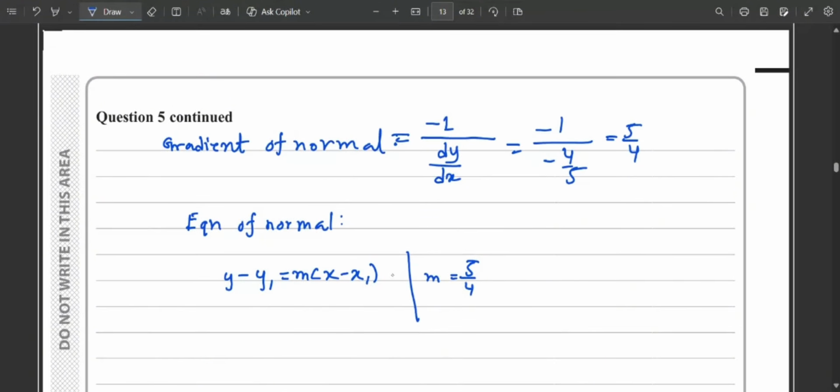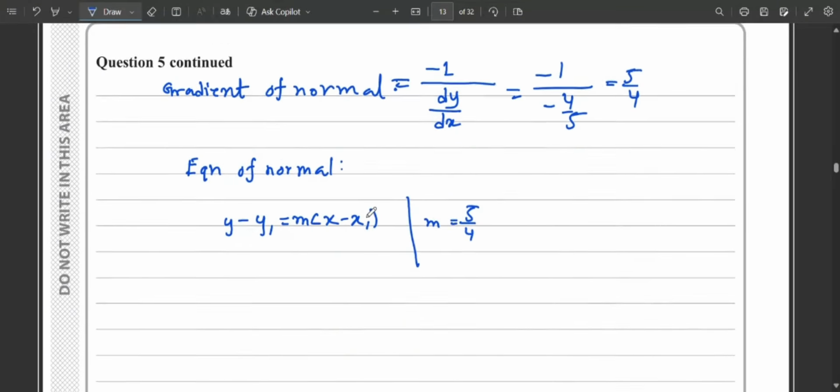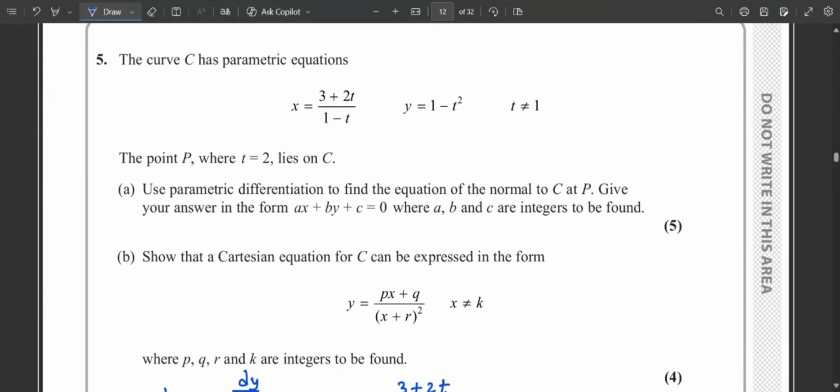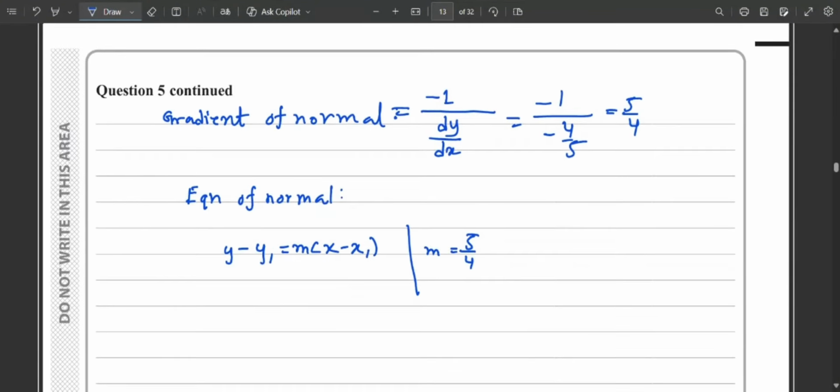As for a point on the normal, we know that the normal is at the point P, so we can use the coordinates of the point P to find our equation of the normal.